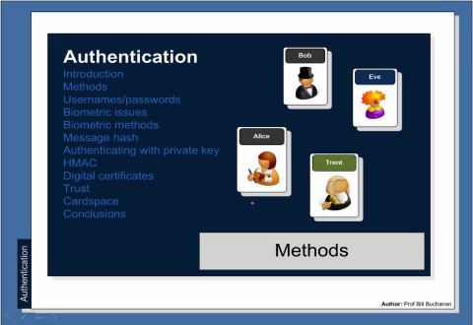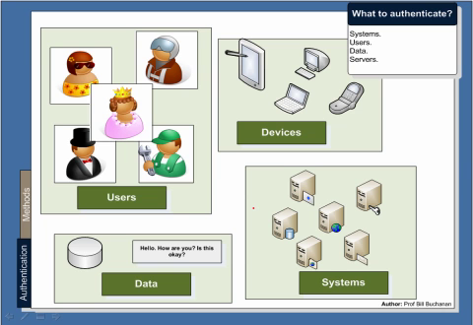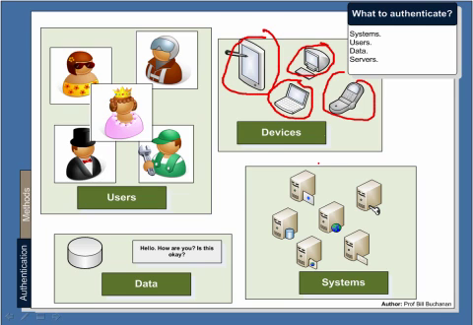Okay, so what are some of the methods that we might use to authenticate? And what is it we're trying to authenticate? Well, obviously, in the past we've authenticated devices, using fairly simple methods such as determining their network address or their ID. We need to identify systems, email servers, web servers, DNS servers, and so on.